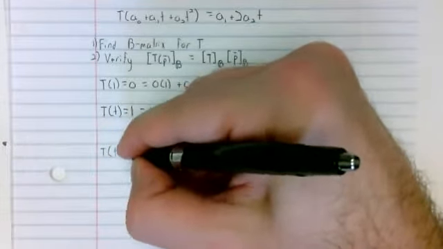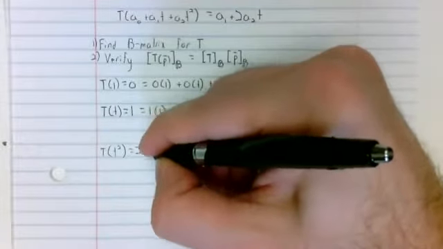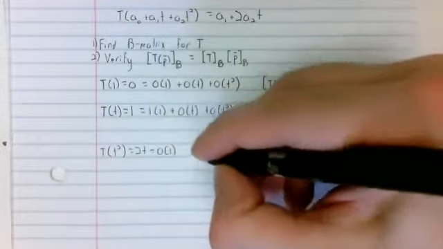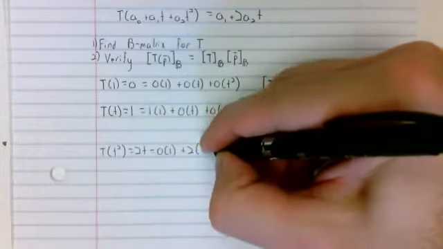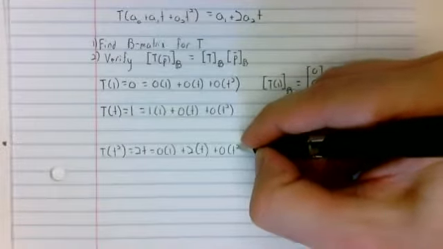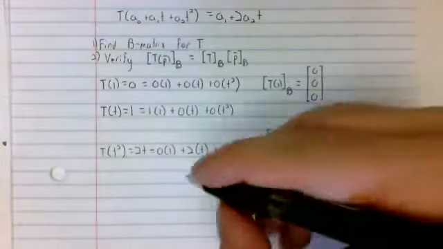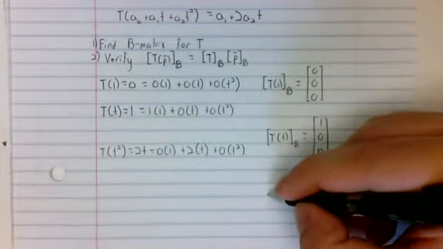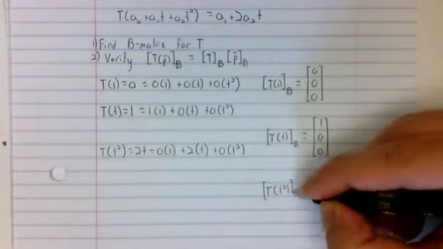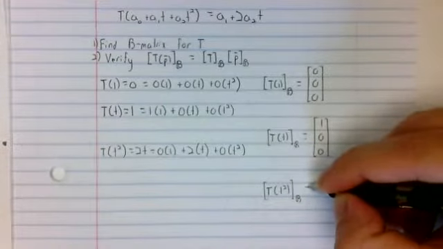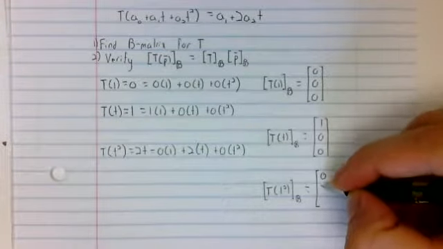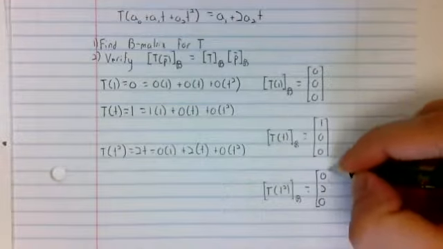Apply it to the third basis element, 2t is 0 times 1 plus 2 times t plus 0 times t squared. So our coordinate vector is 0, 2, 0.